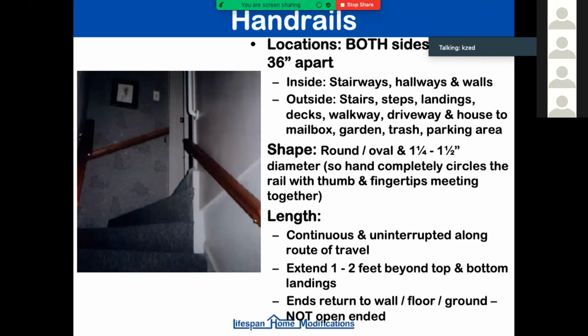The way to see if a handrail is appropriate for you, make sure that your hand completely circles the rail so that your thumb and fingertips meet together and completely go around the handrail. The lengths of the handrail should be continuous and uninterrupted, and they should extend 1 or 2 feet onto the top or bottom landing. And it's also important that the ends return to the wall so that they're not open-ended, so you could slip off or your clothing could get caught in them.